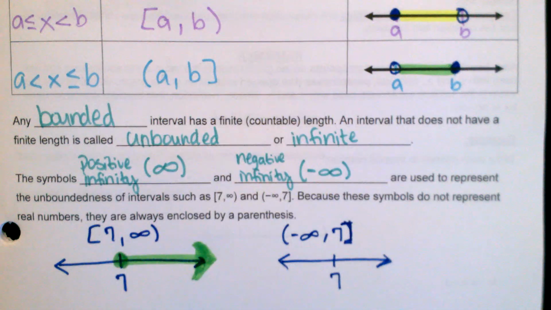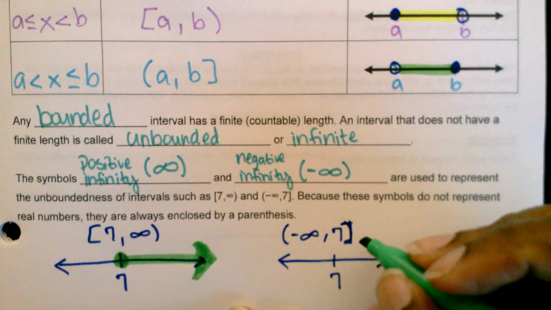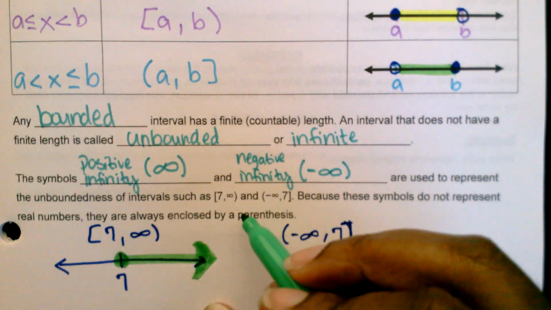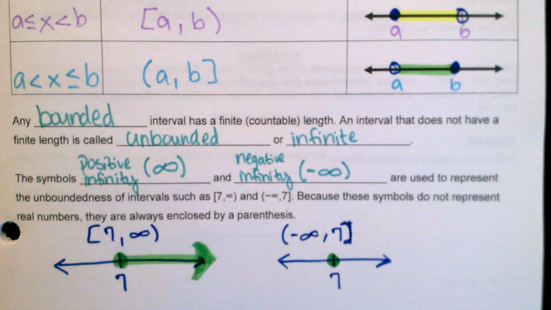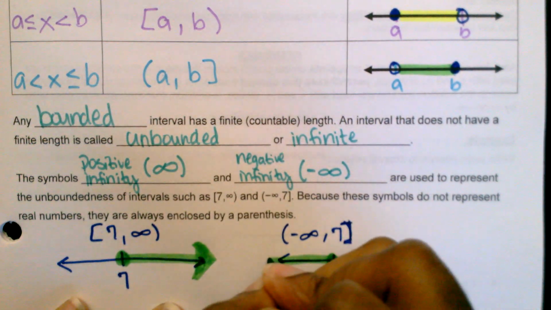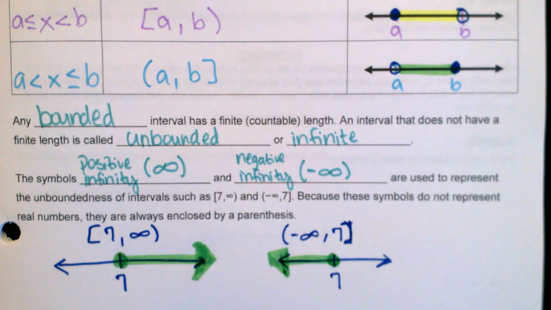My 7 is included or not included? Included, yes. We're looking at this one here. So it's included, so it gets a closed circle. Am I shading to the left or the right? Yep. Does infinity get a bracket? You are correct. It does not get a bracket. Good job.